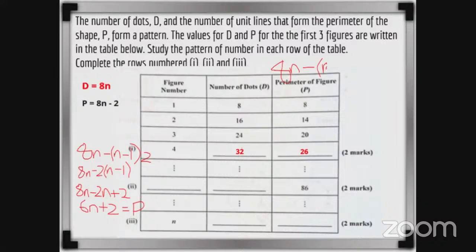All right, so we can definitely equate 6n plus 2 equal to 86 and transpose for n. Why can't I write over this side, guys? I can't.